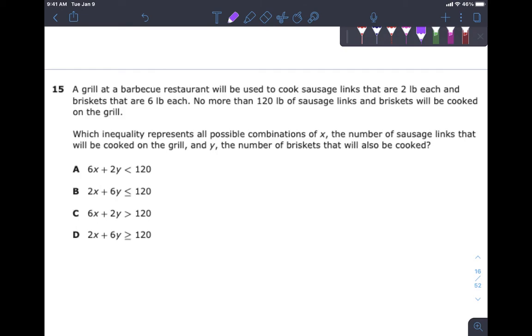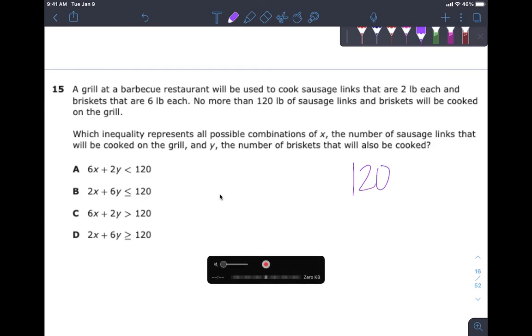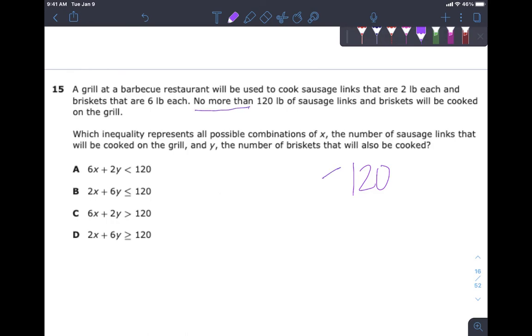So, first of all, they're not asking us about the total number of briskets and sausage. They're asking us to relate this to weight. So, my total number on this side of the equation is weight. Here it says no more than. So, I can have 120. I can have 119. But I cannot have 121. Now, this X and this Y are counting numbers.